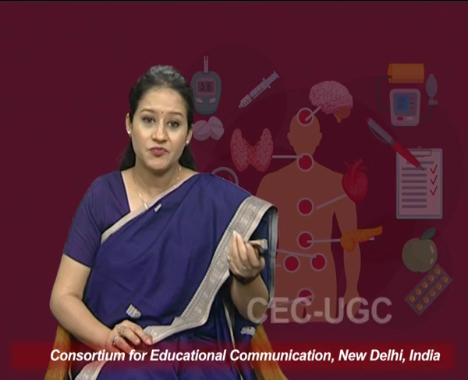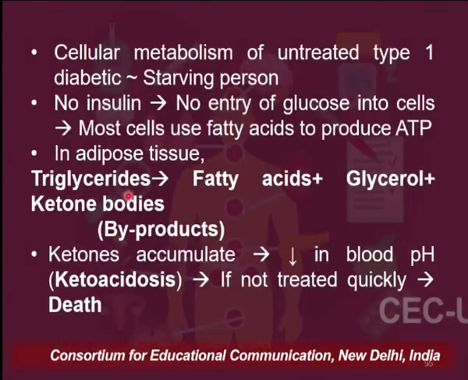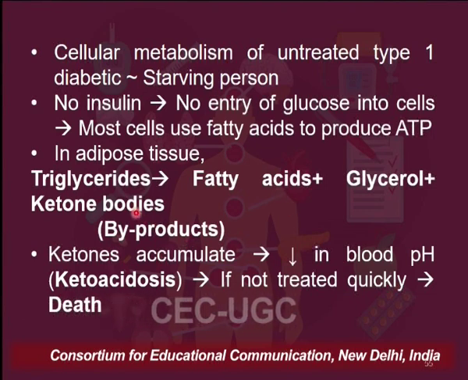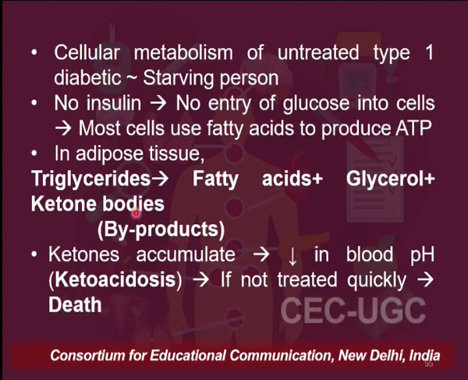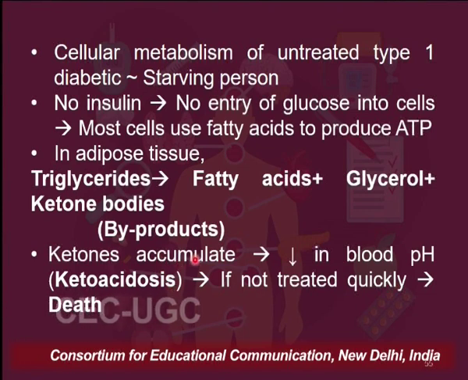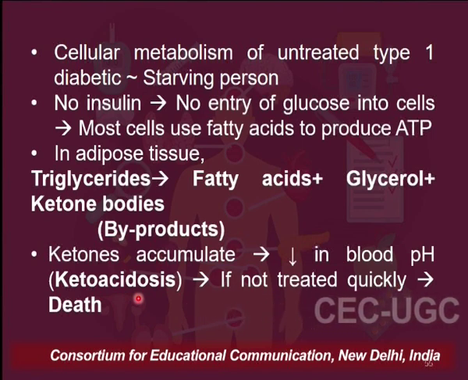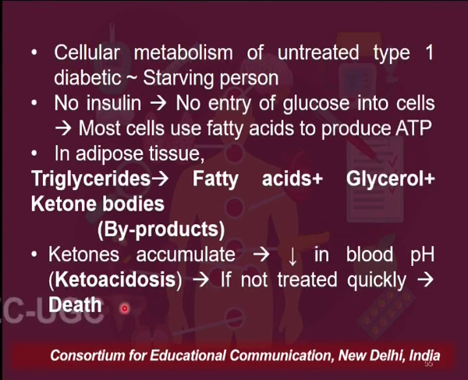In adipose tissue, the triglycerides will get broken down into fatty acids and glycerol, and the byproduct produced is ketone bodies. Now, there is a side effect of the ketone bodies: they accumulate and cause ketoacidosis, that is, they will decrease the blood pH, and if it is not treated quickly, it will lead to the death of the patient.